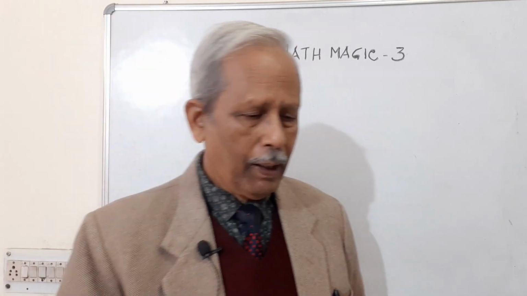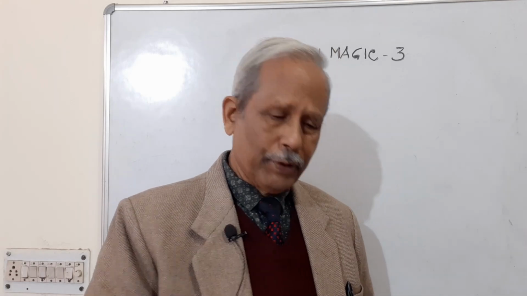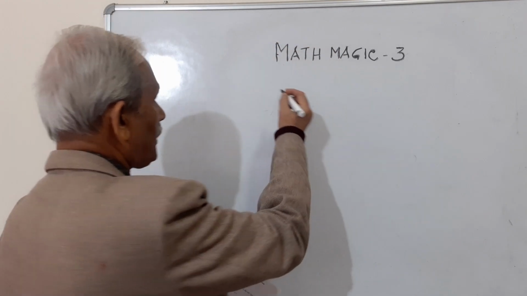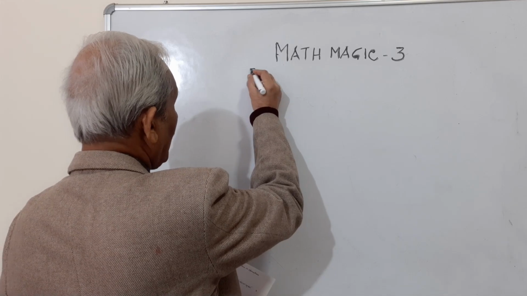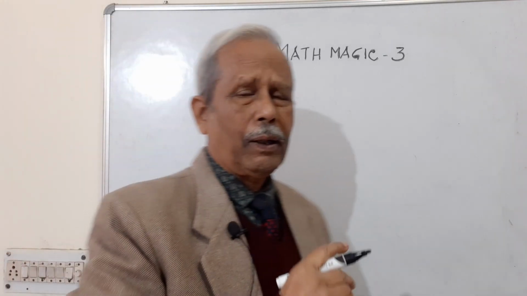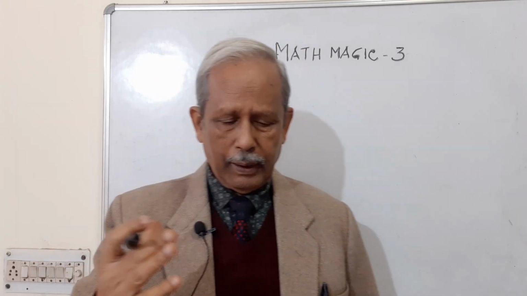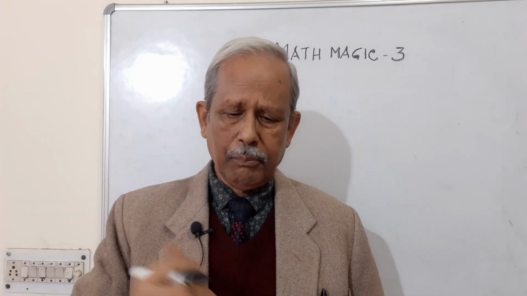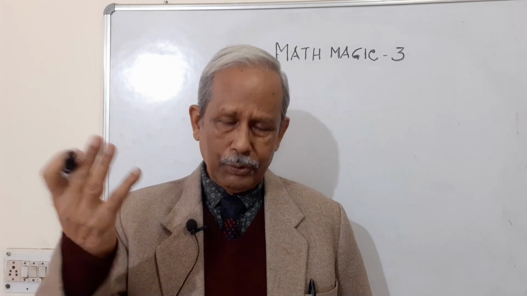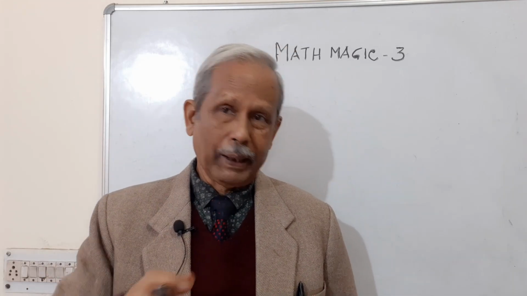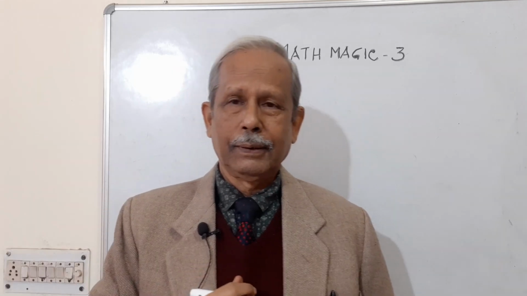Well, the first interesting fact is number one. I want you to think of a number. Think of any number. Suppose it is x or any number. I do not know about that. You just know it, remember it. Now double the number. Make it twice of x.